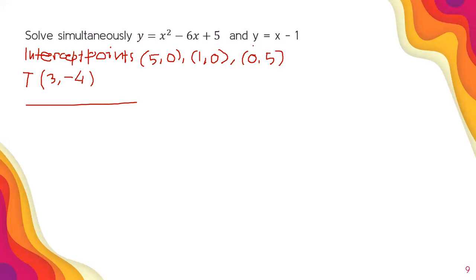And for the linear equation, the intercept points: if x is 0, y is negative 1, and if y is 0, x equals 1, comma 0.